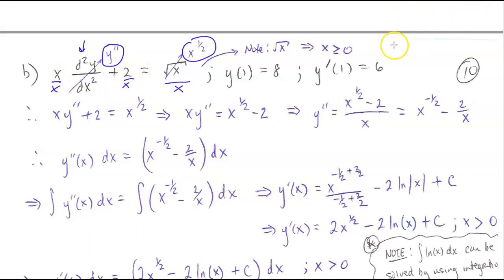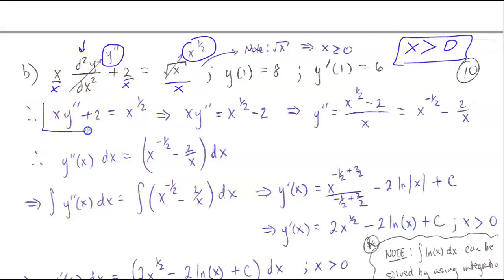So for that reason, whatever solution we get, we're not going to be able to have x be equal to 0. And of course, it's not going to be able to be negative. So that result basically says that x is going to have to be positive, okay? And so we keep that in mind as we go through this problem.